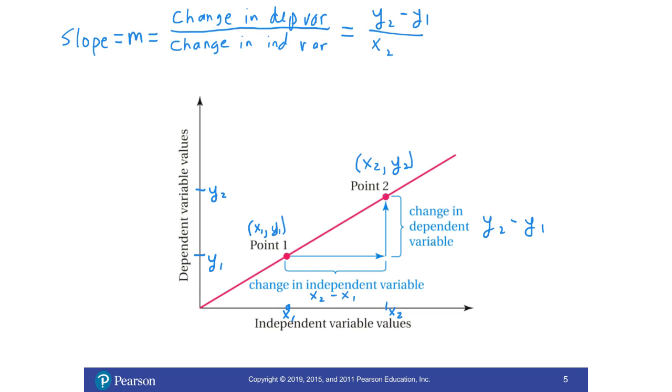So this is x2 minus x1 here in the denominator of the formula for slope. And so we get the familiar formula for slope, where m is equal to y2 minus y1 over x2 minus x1.